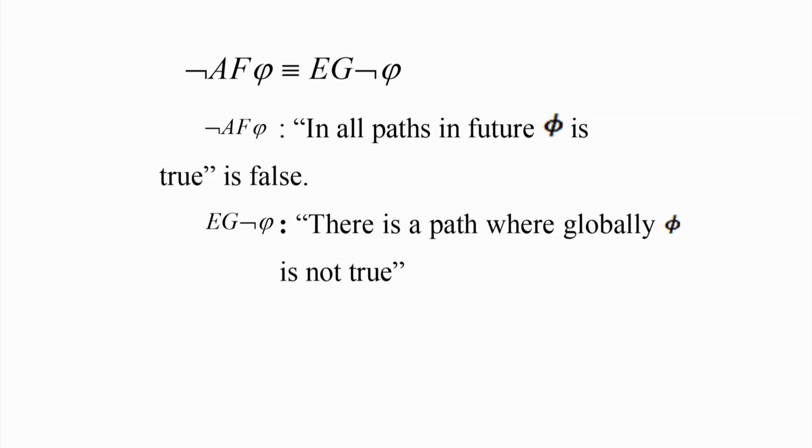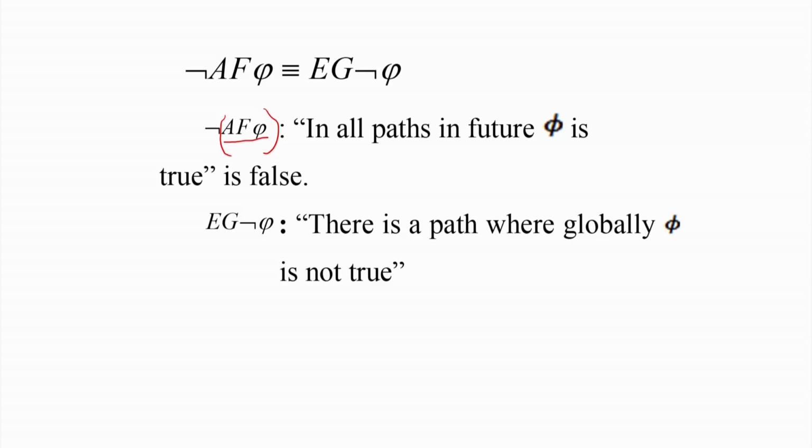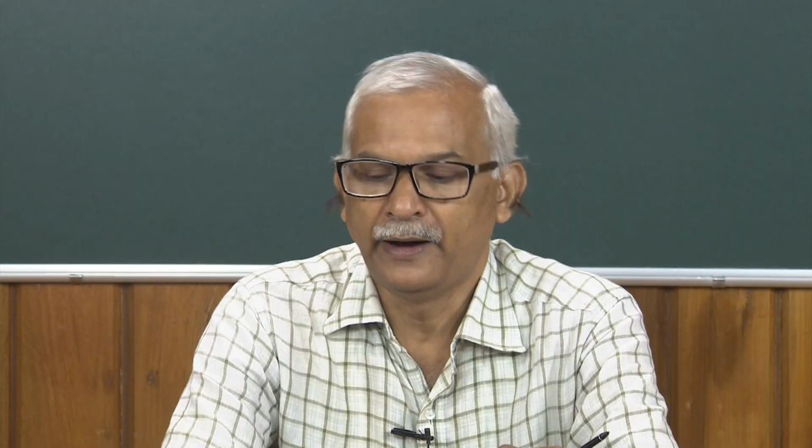That means in all paths, in future phi is not true. Since it is false in all paths, we can say that there exists a path where globally phi is not true.